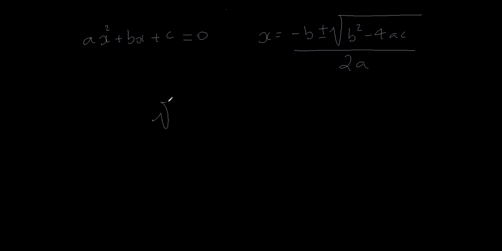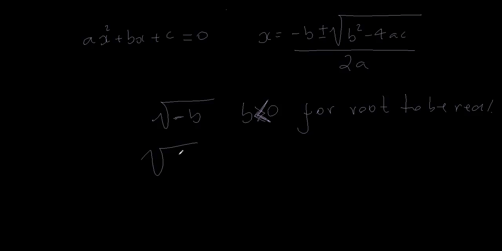For example, if you have the square root of minus b, then b has to be less than 0 for the root to be real, because the negative sign times a negative number is going to give you a positive number. If you have the square root of b, then b has to be greater than 0.